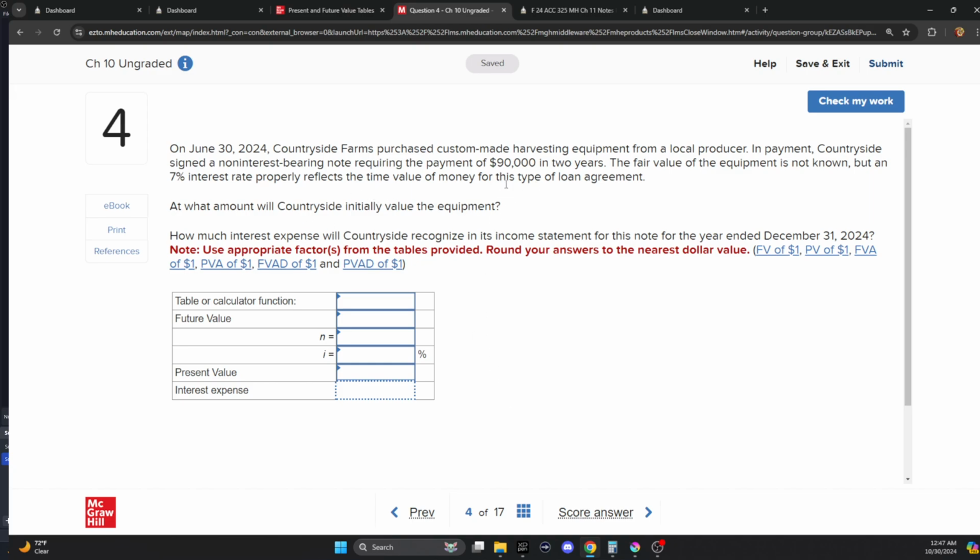So let's write down some of our information and let's take a note of this. A non-interest bearing note with a face of $90,000. So that means the interest is going to be buried somewhere in this 90,000.